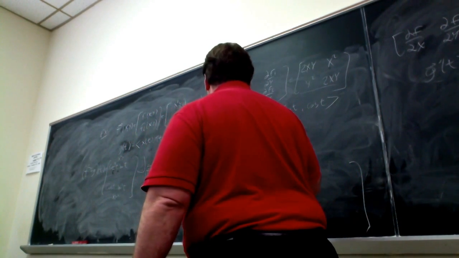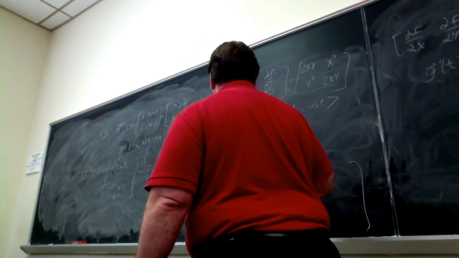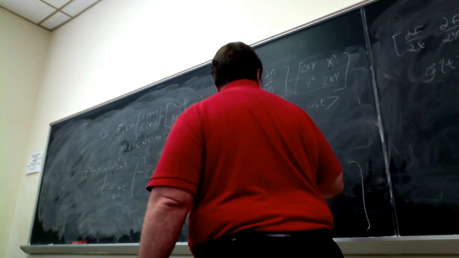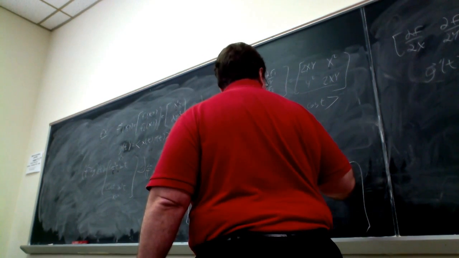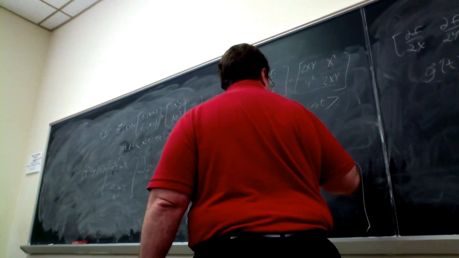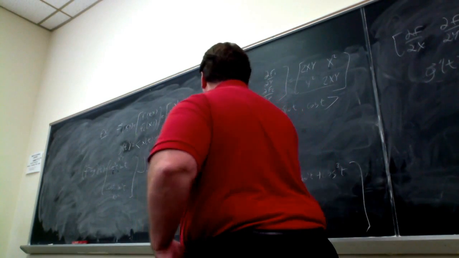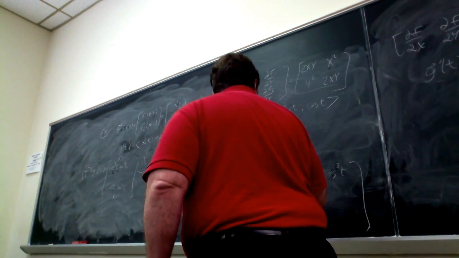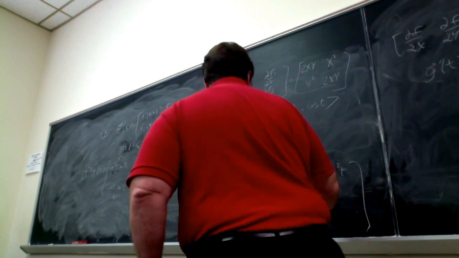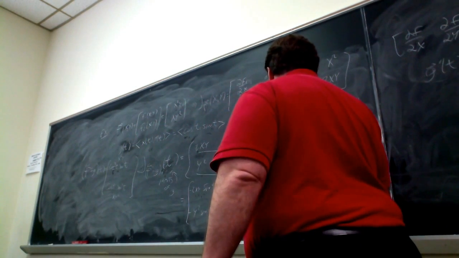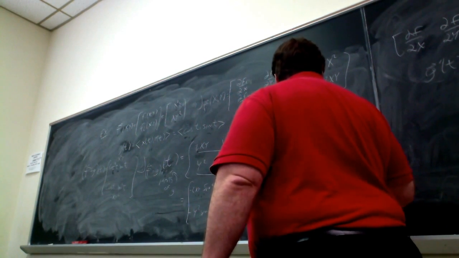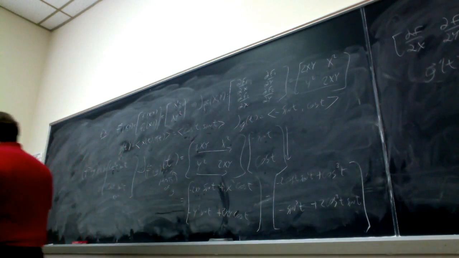So minus 2 cosine t sine squared t plus cosine cubed t, after I put everything together. And then here I have minus sine cubed t plus 2 cosine squared t sine t. Okay.